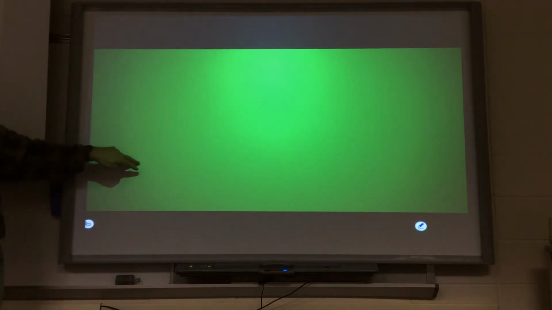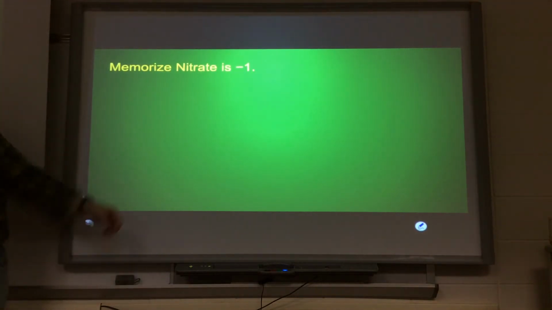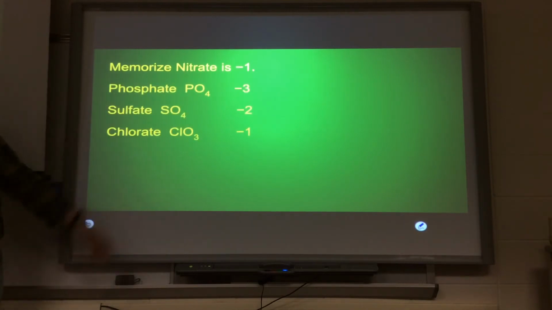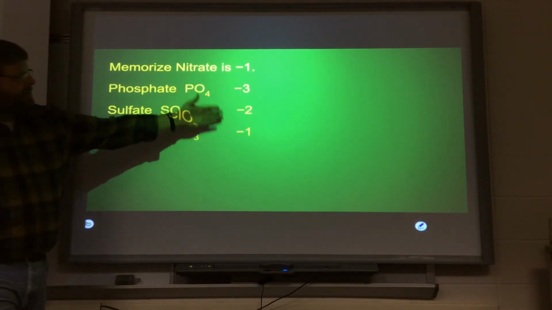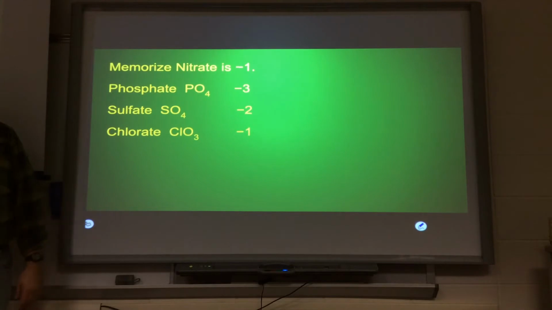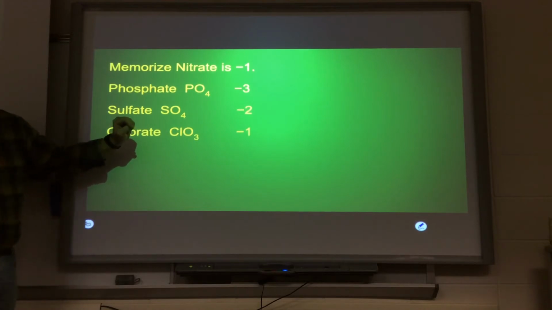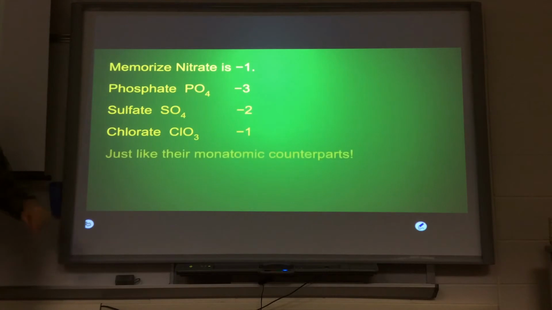Another trick for memorizing your charges is to memorize nitrate as -1, which you should. And then you look at these big 3 right here, which I think you need to memorize anyway. These ones all have a -3, -2, -1 charge. And we look at the elements that are not oxygen that are combined with them here: phosphorus, sulfur, and chlorine.